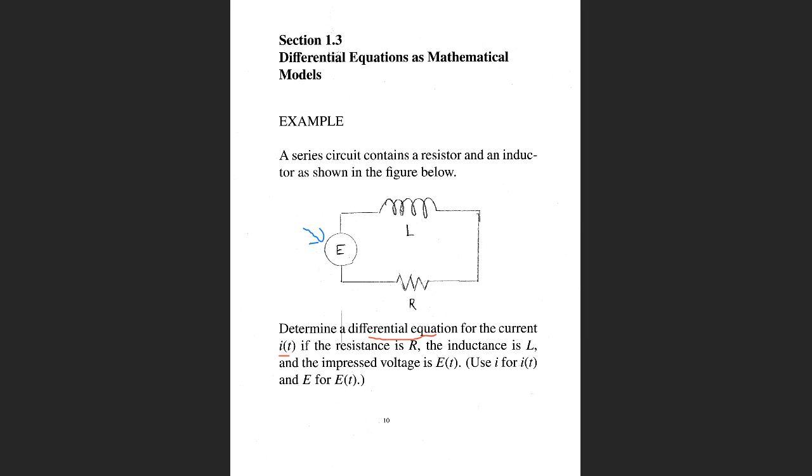Current is denoted by I of t, assuming resistance is R, inductance is L, and the impressed voltage is E of t.